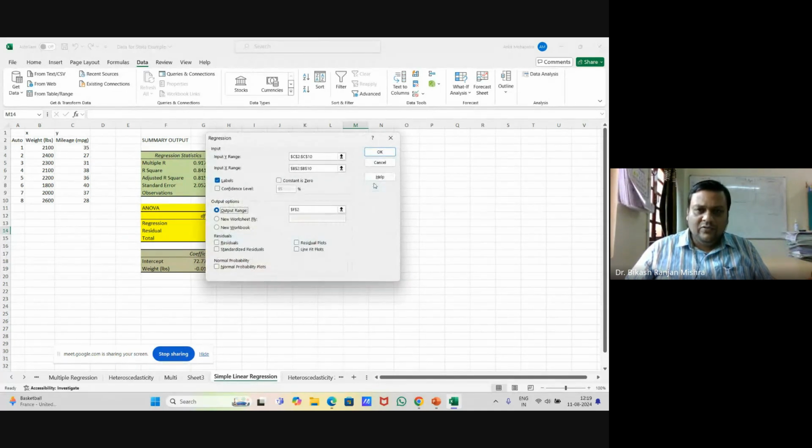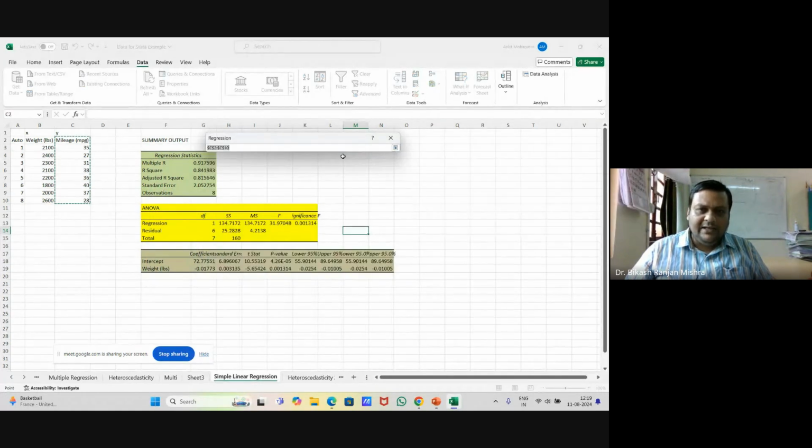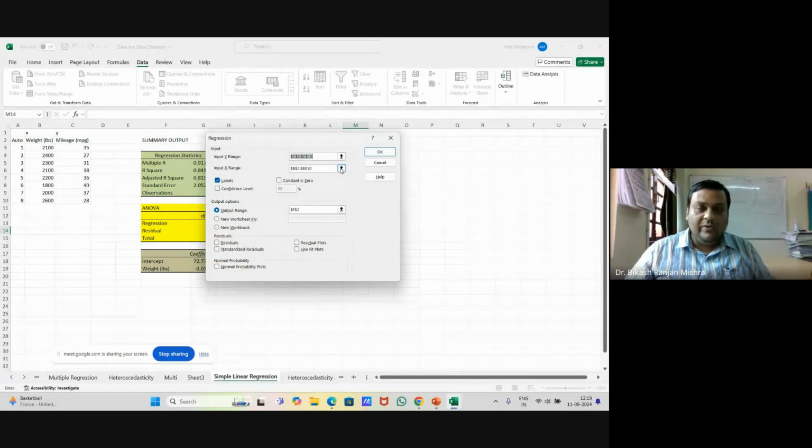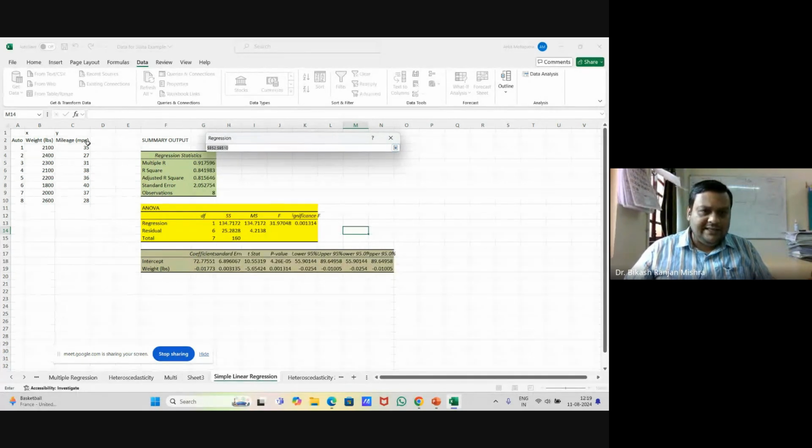Then OK. Once the regression window opens, you have to declare which one is the dependent variable. This is the dependent variable because I have done it recently, so that's why it is showing as it is. Otherwise, for the first time, you have to declare it the way you design it. Then this particular thing will be your X range, the independent variable.